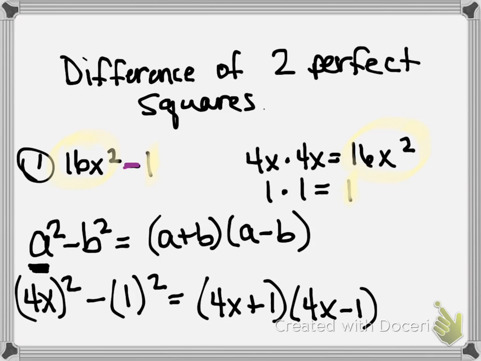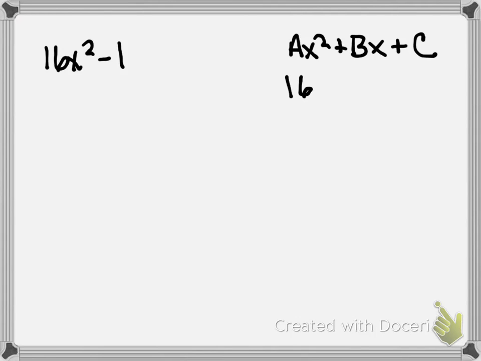But now let's do this the long way to prove it to ourselves. So we have 16x squared minus 1. Remember, quadratics are written ax squared plus bx plus c. This is hard because we have no b.